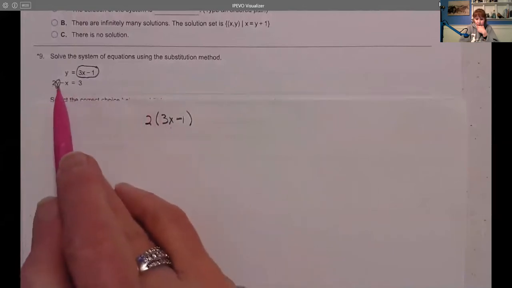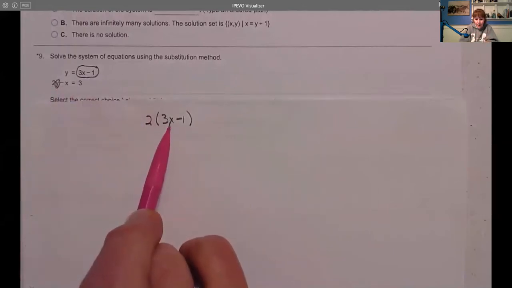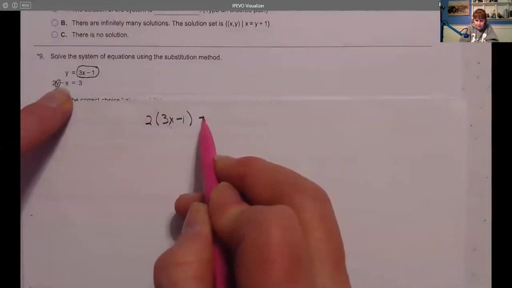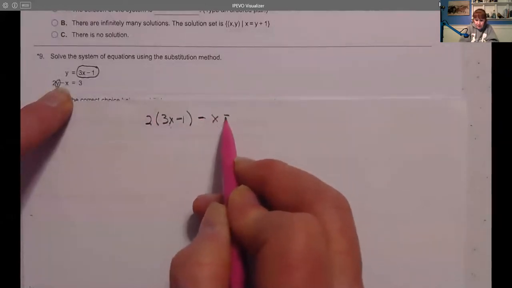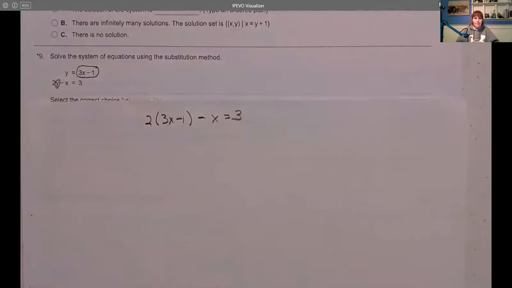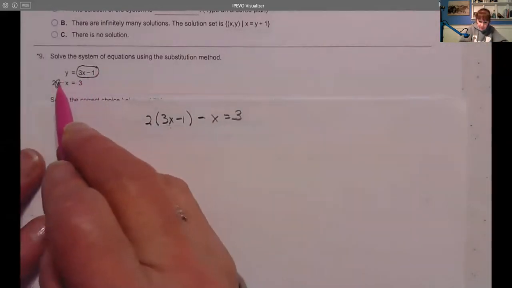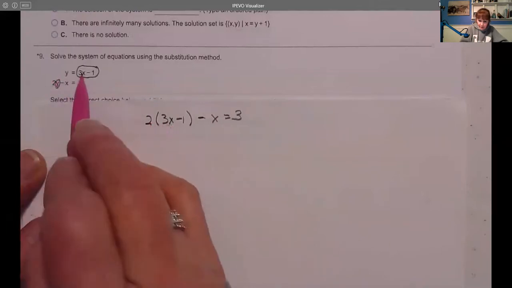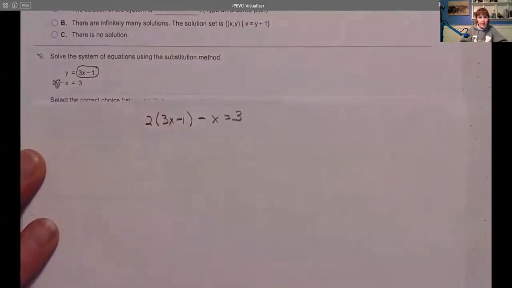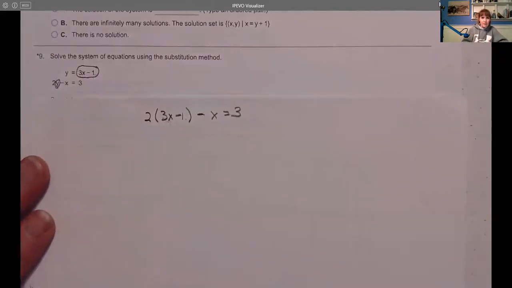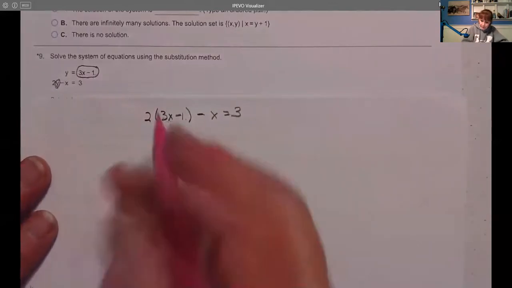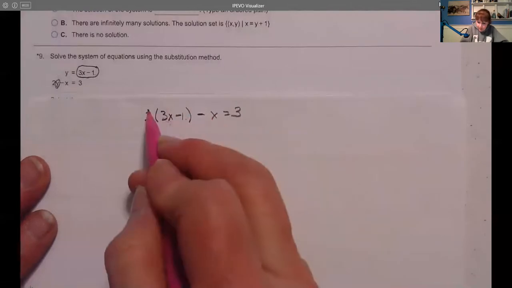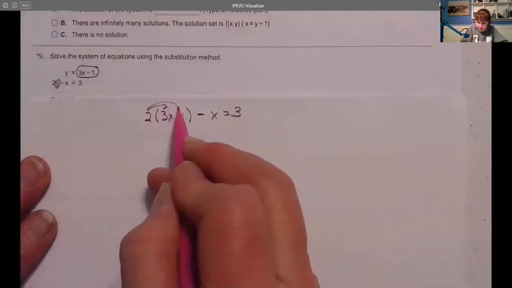So this is 2y minus the x equals 3. I substituted in, this goes right there. And because of that number out front, I'm going to use parentheses, which means I'll be using the distributive property here. To solve it, we're going to multiply this through first.